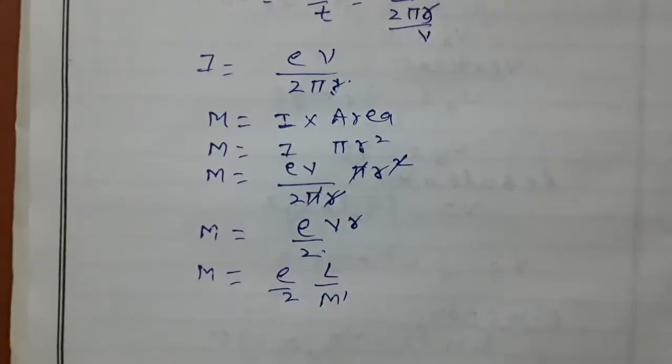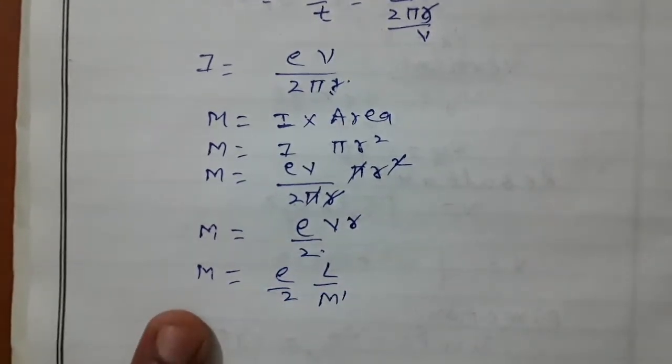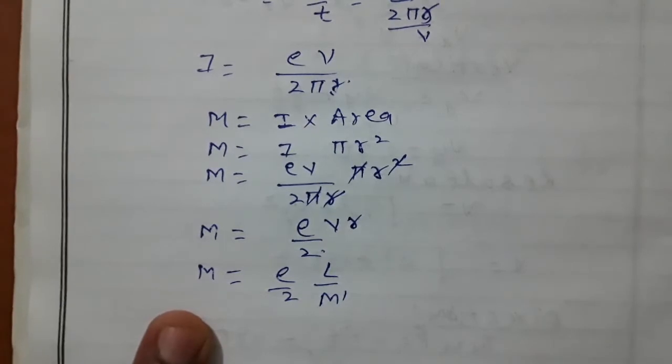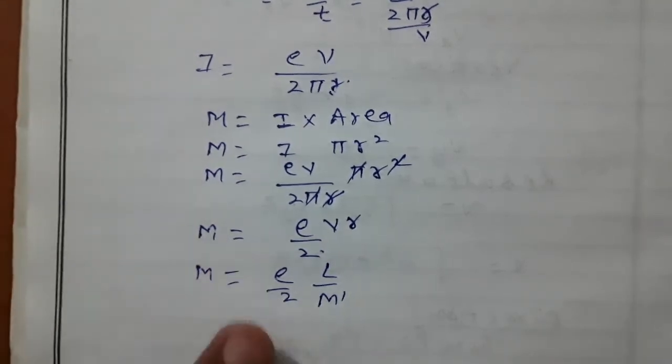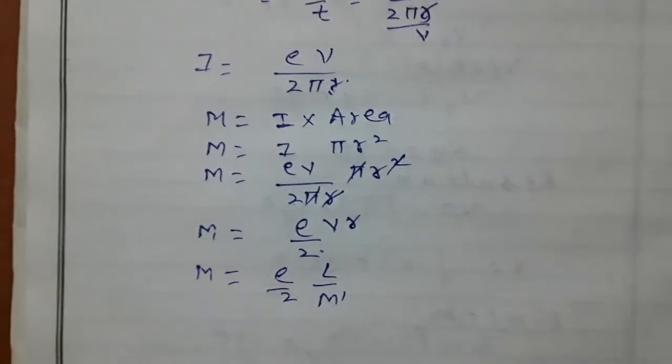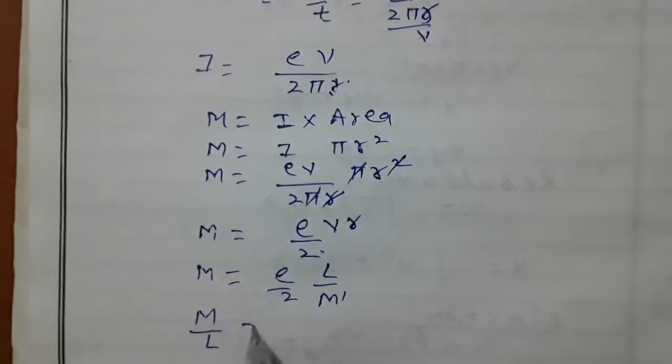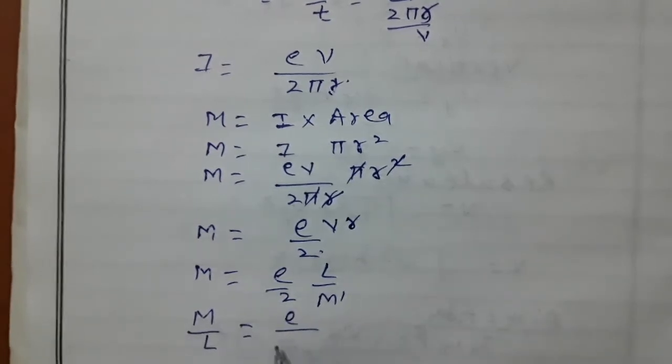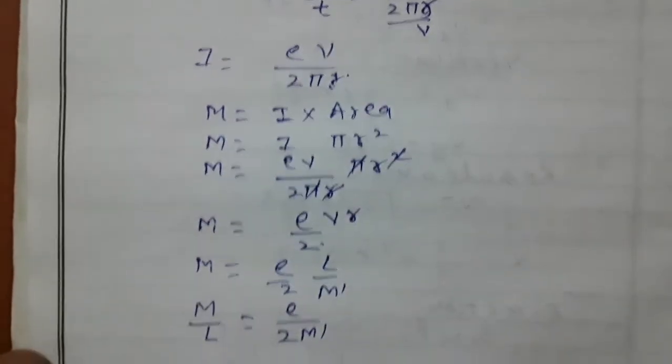So we have calculated that the magnetic moment M is equal to e by 2 into L by m dash. Here M by L is equal to e by 2 m dash.